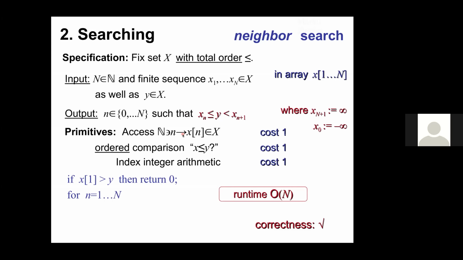The algorithm that we used here is pretty straightforward, and again the runtime is linear. We also put artificially the element x capital N plus 1 equal to infinity on the right and x0 equal to minus infinity on the left, so that there is always an n.